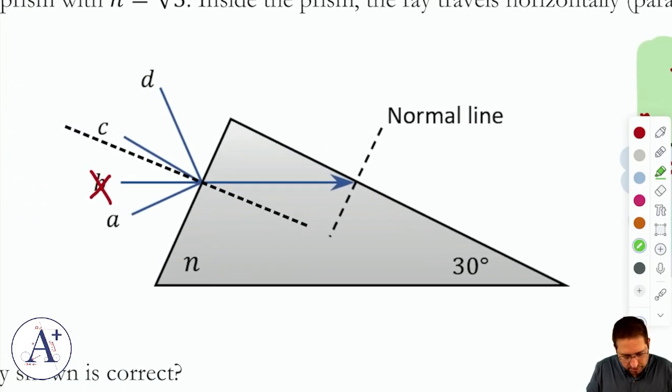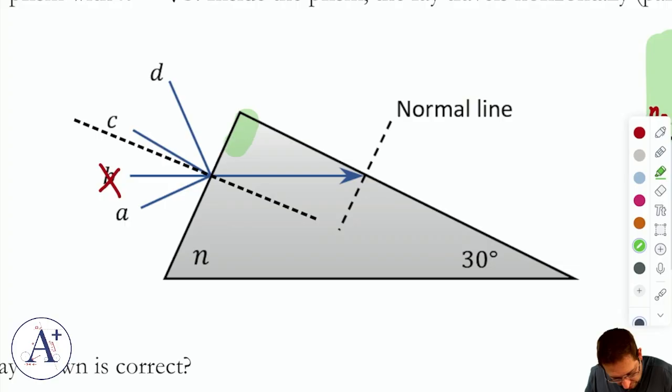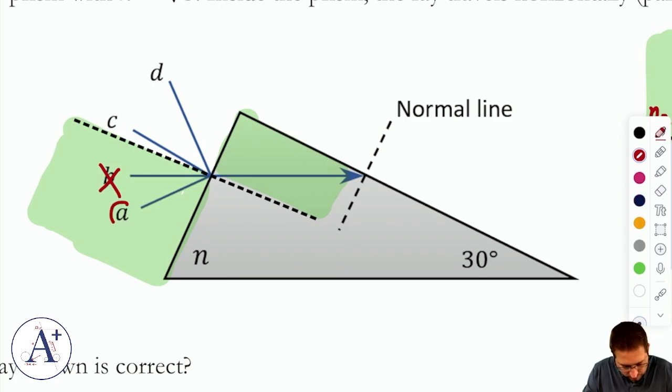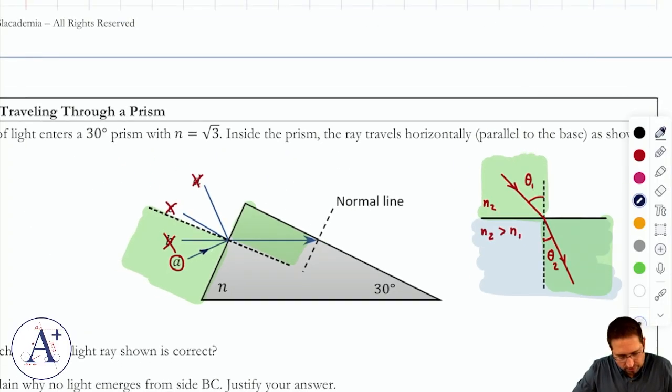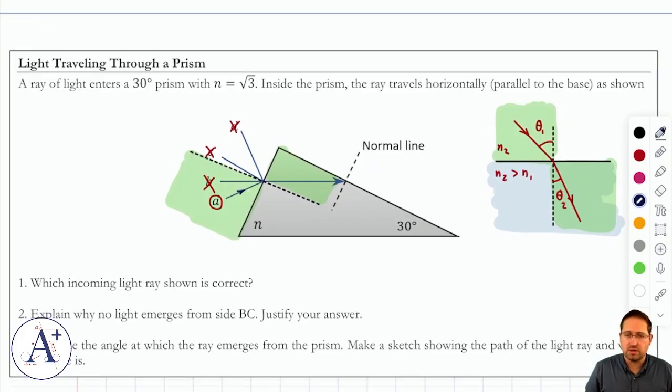So it has to be the case that if I'm going to end up in this quadrant here, my incident ray of light had to come from this quadrant here. Therefore, this is my answer. It can't be C, it can't be D. So light came in along ray A and then hit the interface between the air and the prism and ended up traveling horizontally in the prism.